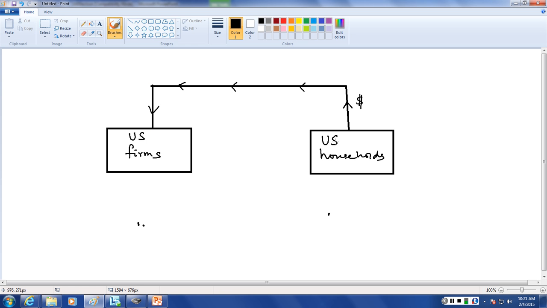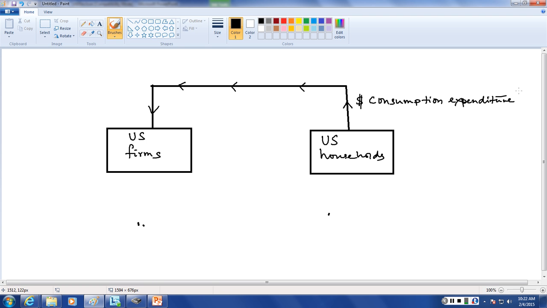Money that we households are continually sending to firms. Buying goods, exactly. Correct? So this would be what economists call consumption expenditure. This is what we households spend on every day to live. Groceries, energy, housing, medical care, etc. Correct? So this is money that's going from households to firms.